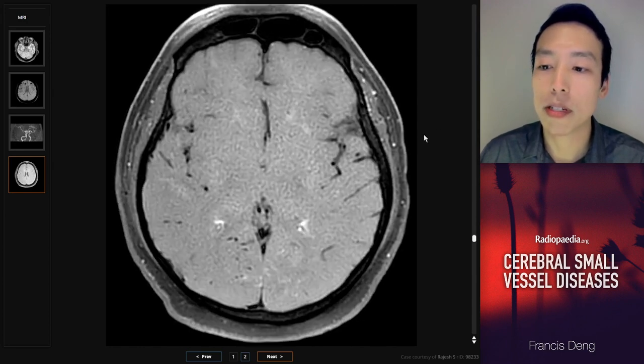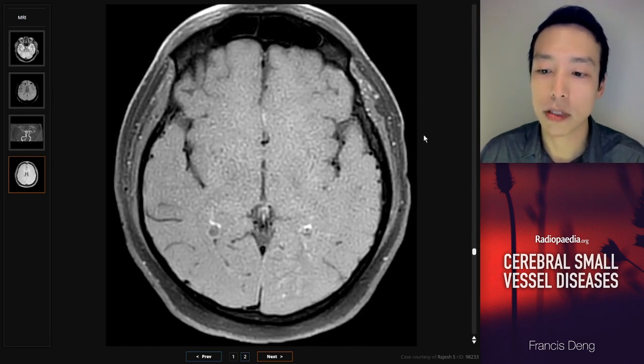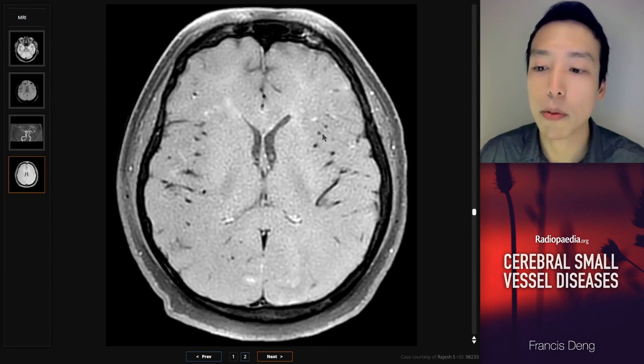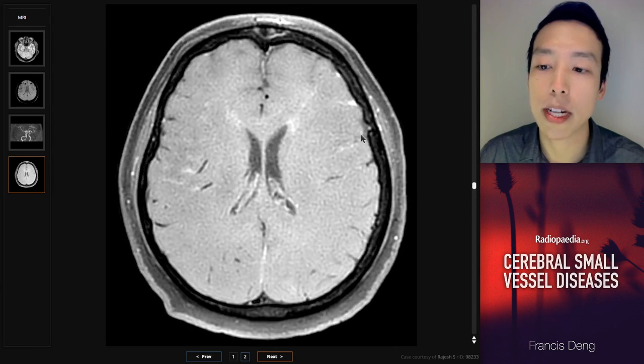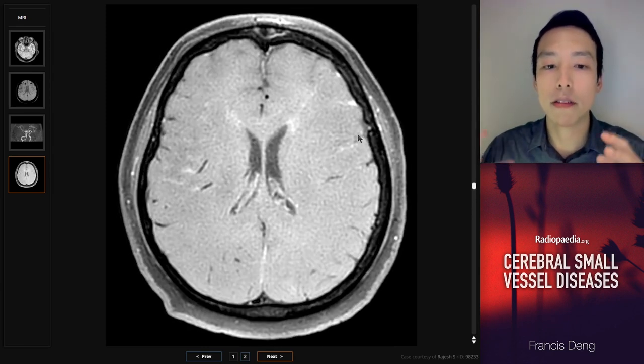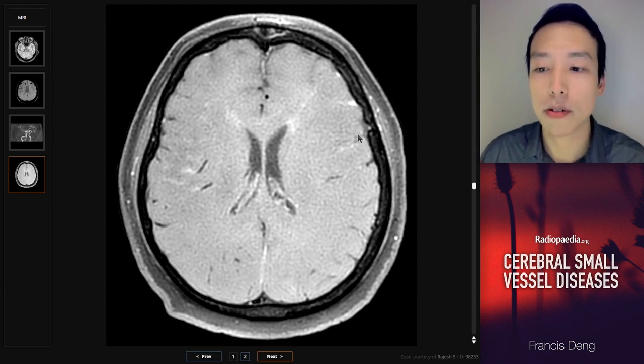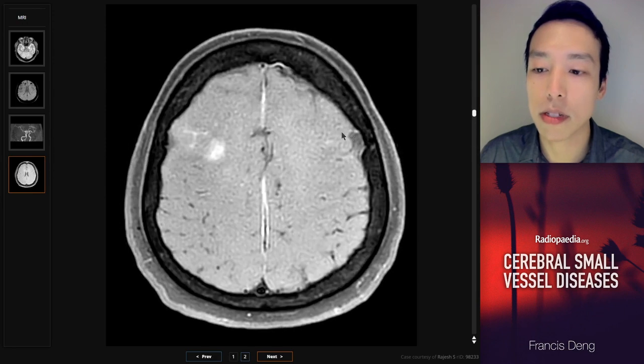The very important sequence that was performed here was a so-called vessel wall imaging, which is a T1-weighted post-contrast black blood technique that is intended to identify inflammation in the medium and large vessels. But what this sequence is also useful for is identifying parenchymal inflammation without the kind of confounding of normal vascular enhancement, because flowing blood in the vessels will appear black on this sequence.